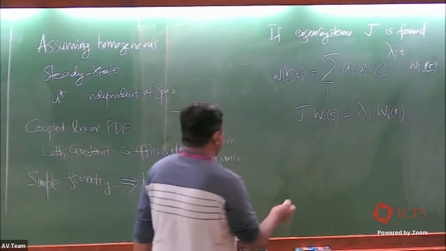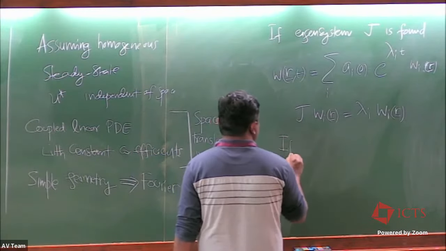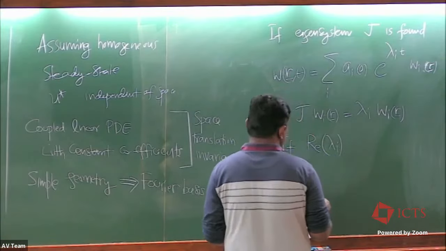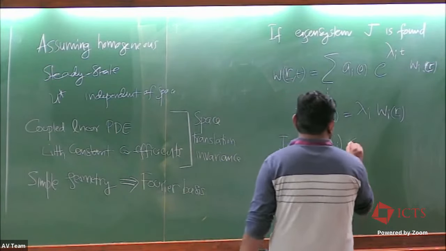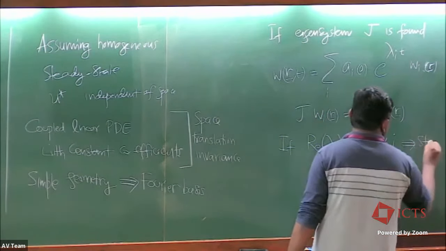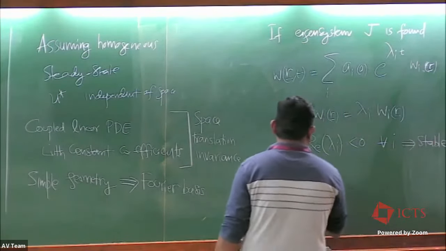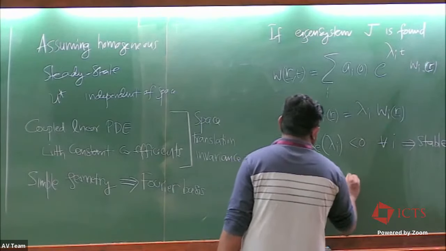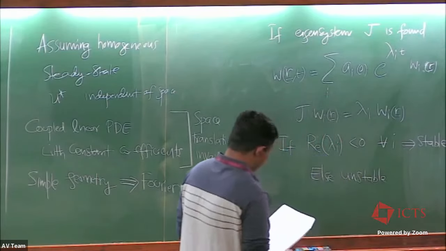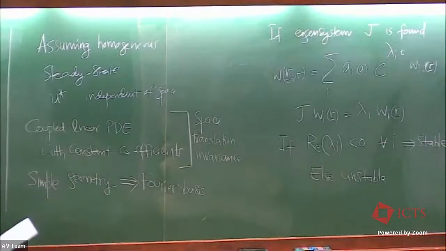And then the criteria for pattern formation will be identical then. That if the eigenvalues are such that the real parts of the eigenvalues are negative for all values i, for all modes i, then the system is stable.